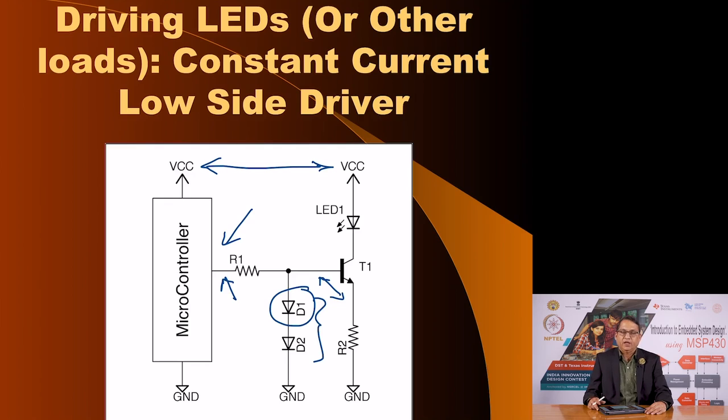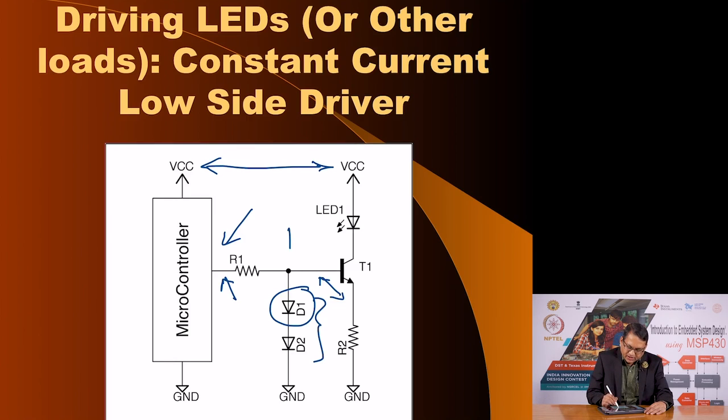Mind you that this transistor, NPN transistor, is not operated as a switch. Here the transistor is being operated in the forward active region, and the configuration is actually an emitter follower, that is common collector.